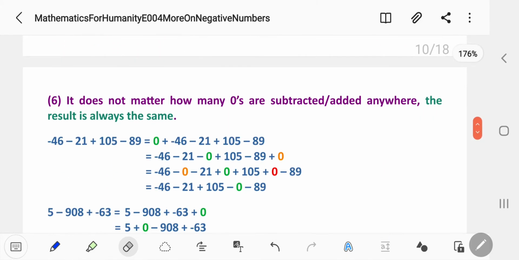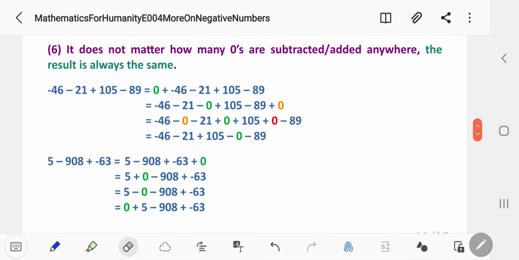So we go to the next rule. Here, may I just read it? It does not matter how many zeros are subtracted or added anywhere. The result is always the same. So here you have negative 46 minus 21 plus 105 minus 89.